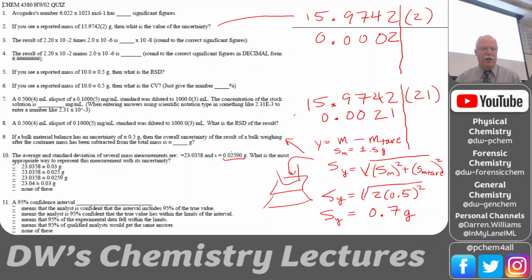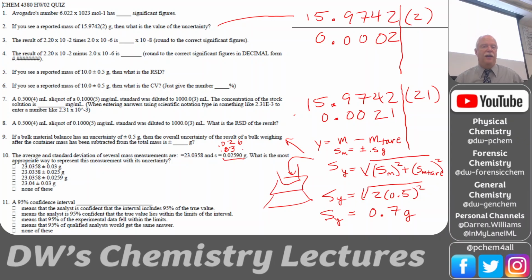So we're either going to round this up to 0.03, or 0.026, round that 5 up to a 6. So we could write this as 0.026 or 0.03. Those would be the two acceptable ways to report that uncertainty.